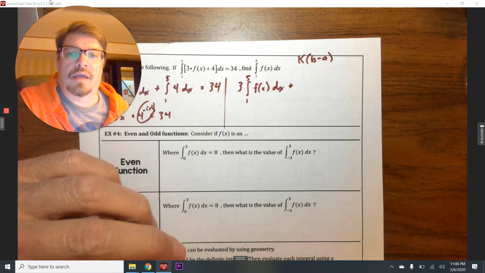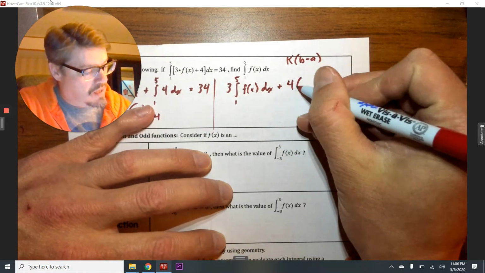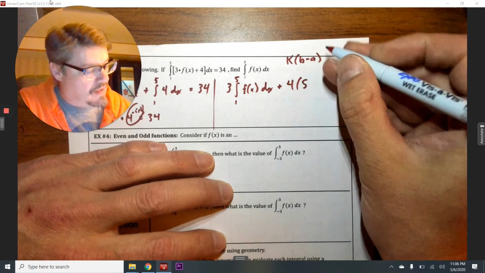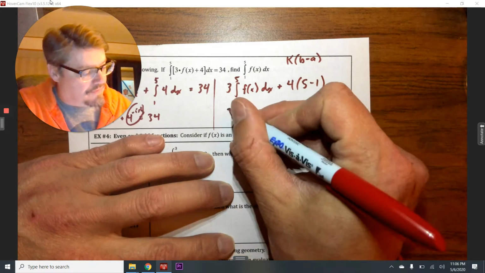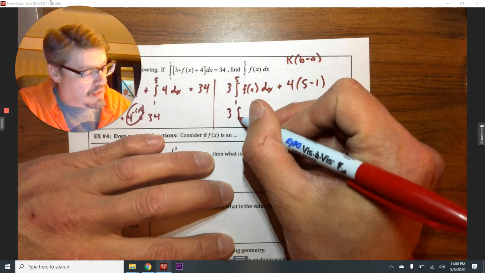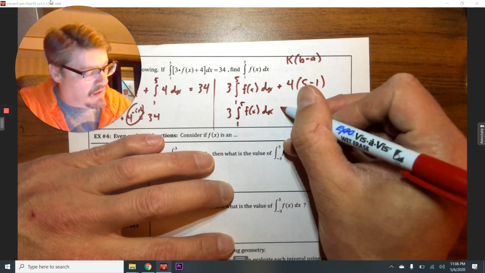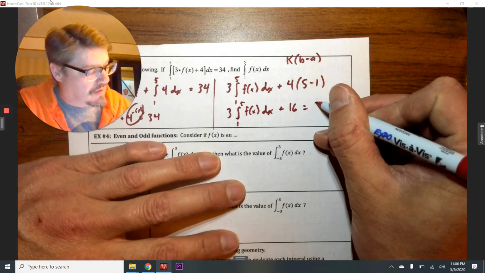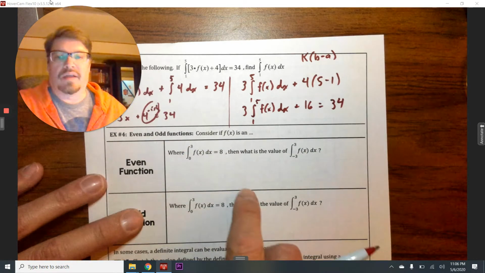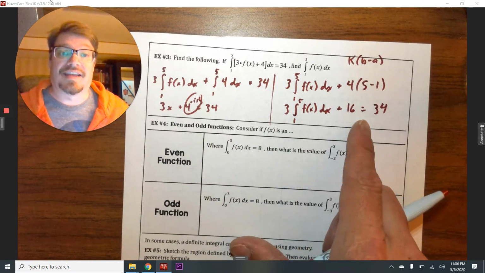So k is actually 4, and b is 5, and a is 1. So this means that I have 3x plus 16 equals 34. Really, over here, what I should have written is 16. So this is 3x plus 16 equals 34.